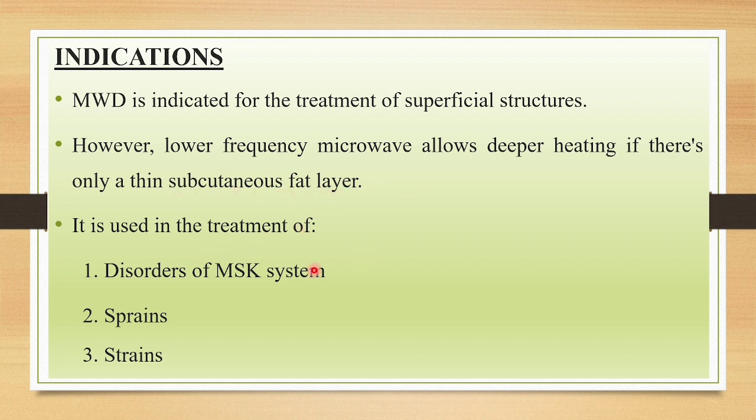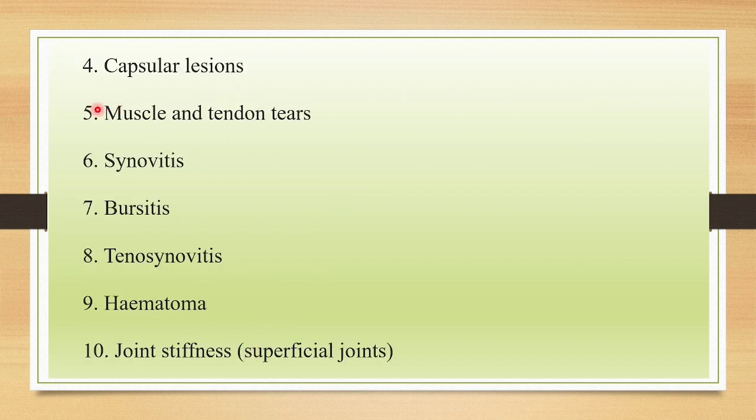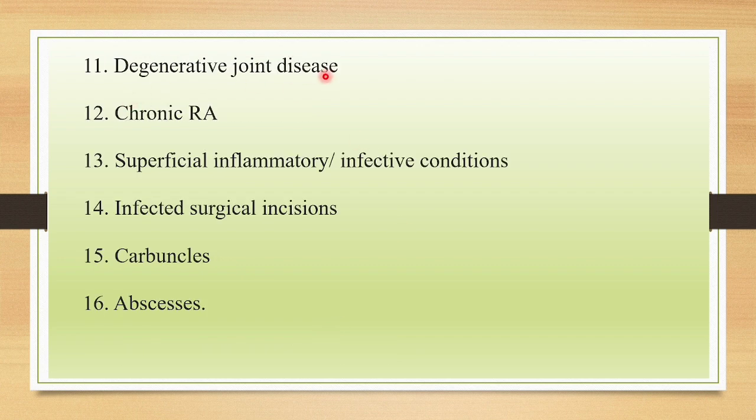So it is used in the treatment of musculoskeletal disorders, sprains, strains, capsular lesions, muscle and tendon tears, synovitis, bursitis, tenosynovitis, hematoma, joint stiffness over your superficial joints, degenerative joint diseases like OA, RA, chronic rheumatoid arthritis, superficial inflammatory or infective conditions, infected surgical incisions, carbuncles, and abscesses.